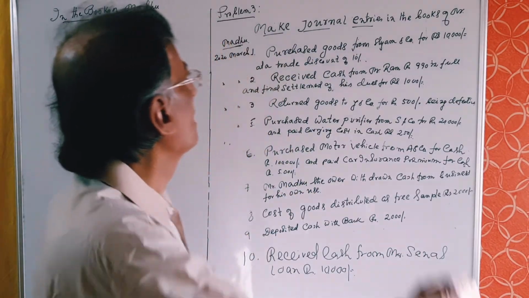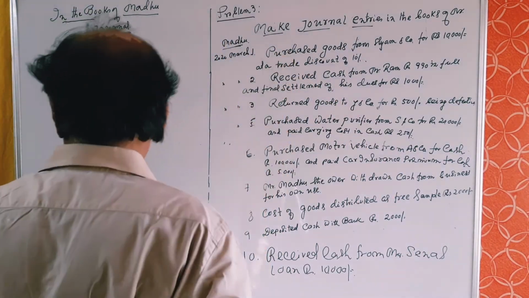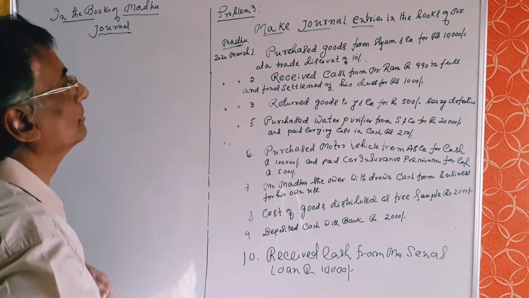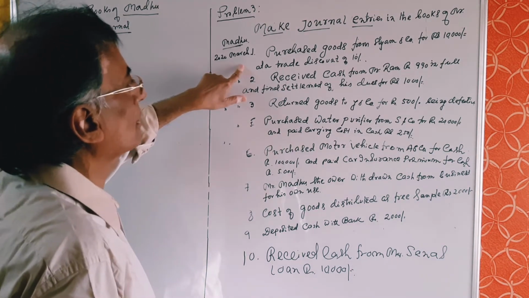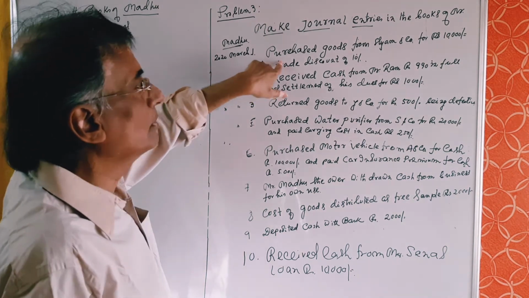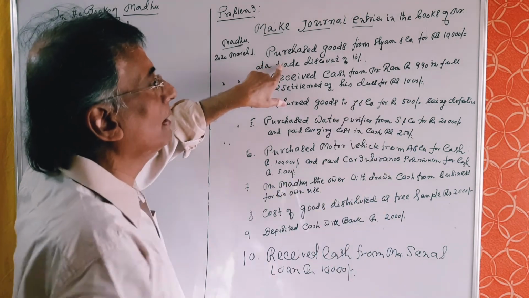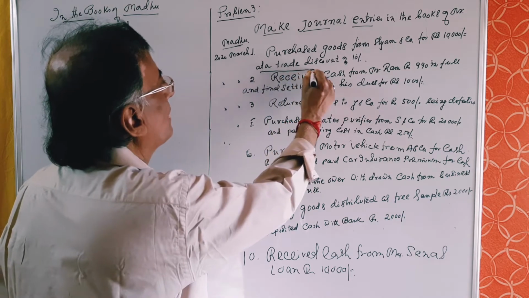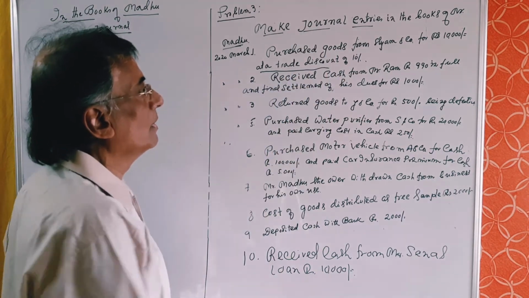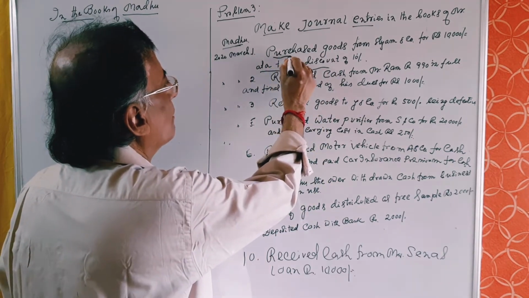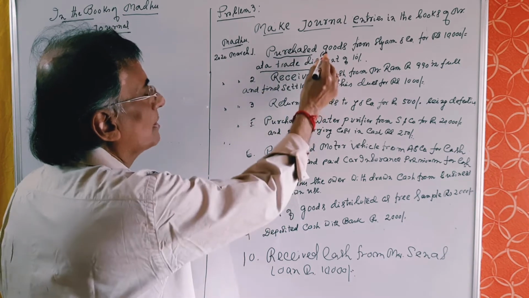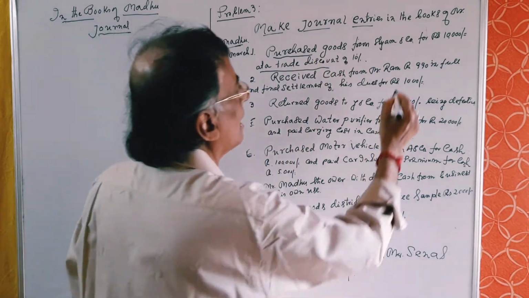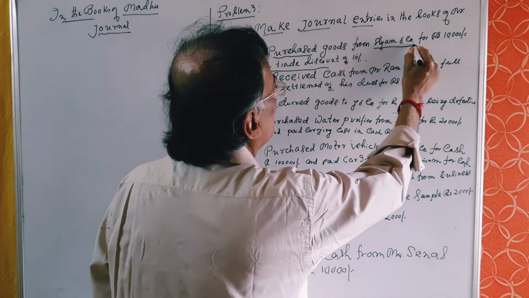First, make journal entries in the books of Mr. Madhu. 2020 March 1. Purchase goods from Sham and Company for rupees 10,000 at a trade discount of 10%. Now what are the two accounts involved? One is purchase account because it is purchase of goods, and another one is Sham and Company.